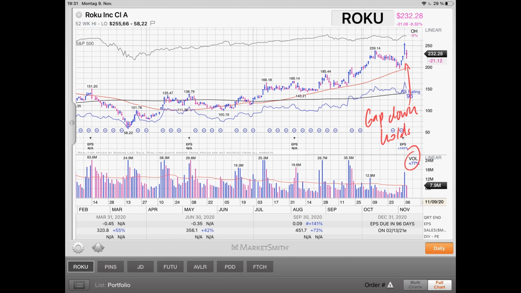But in that case, the gap down held, so I held on to the position here, although we have this weakness in the stock, but I want to monitor the stock, and I want to give the stock enough room so that it can prove itself and maybe turn into a very strong super winner. So I want to give the stock really room, but on the other side, I monitor it very closely when it starts to pull back more or show more weakness.